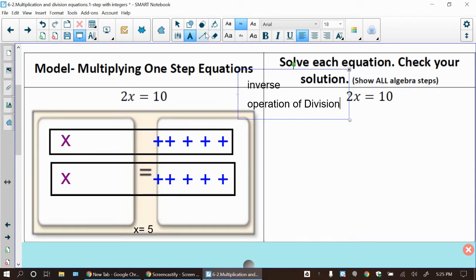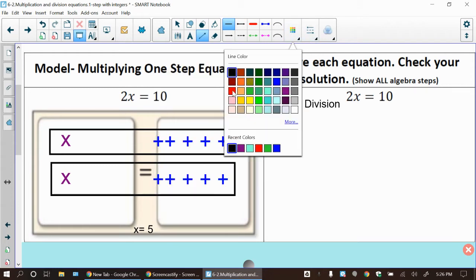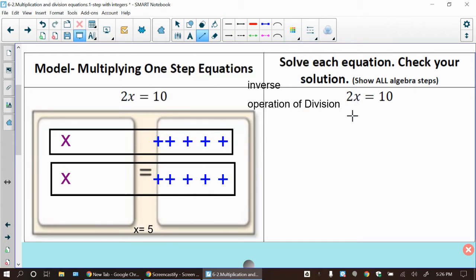So to show that, I'm going to divide both sides. Let me change my color so it stands out a little bit more. Both sides are going to be divided. So there's my division. But then I'm going to put the same number inside both of these.